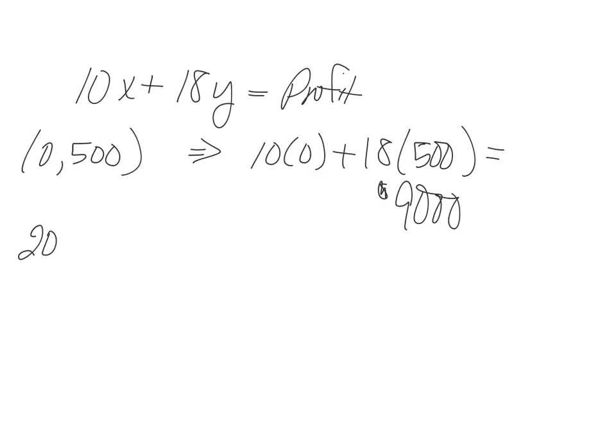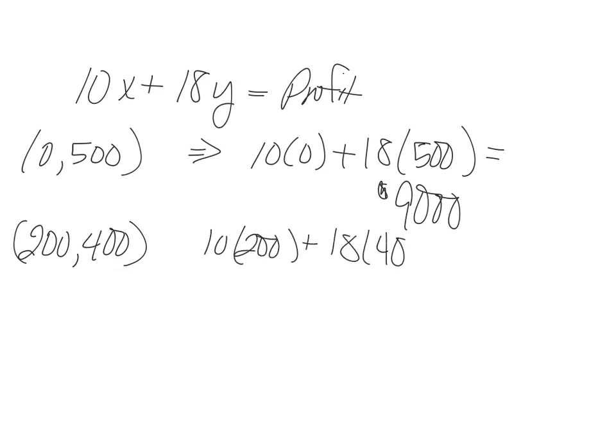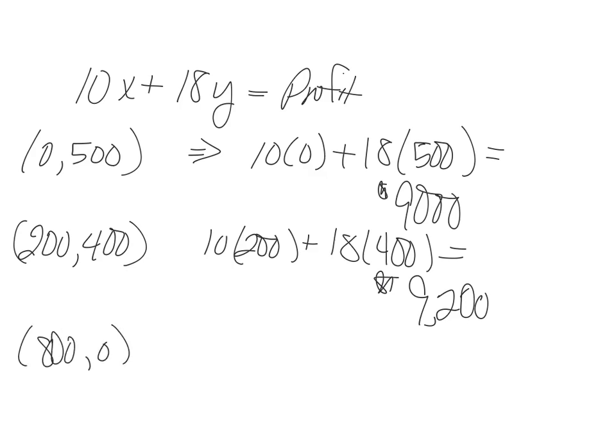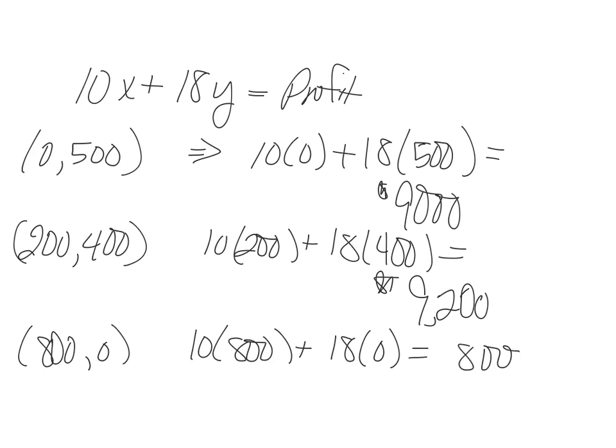Another endpoint was 200, 400. Then I would have 10 times 200 plus 18 times 400, and I would get a profit of $9,200. And then that other endpoint was 800, 0, so 10 times 800 plus 18 times 0 gives me a profit of $8,000.